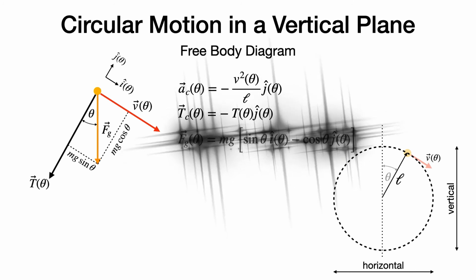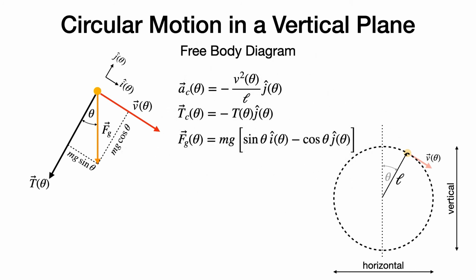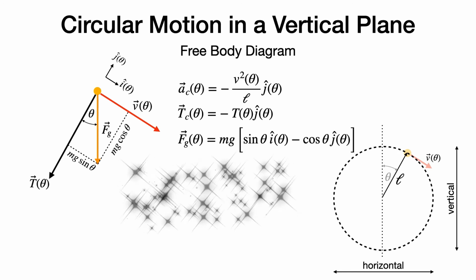And we can always decompose the force of gravity. While the force of gravity is constant, regardless of the angle theta, the components of it will actually be functions of theta. So we write it as if it were a function of theta. But if we were to calculate the magnitude of the force, it would be a constant.